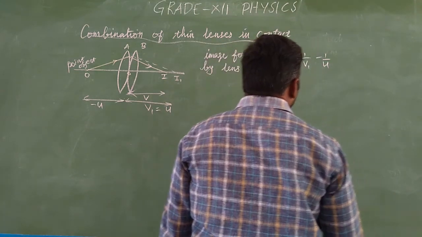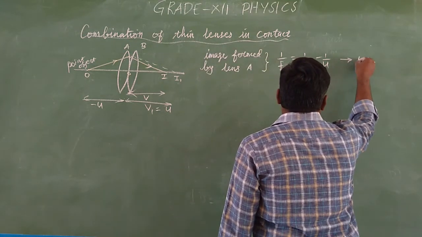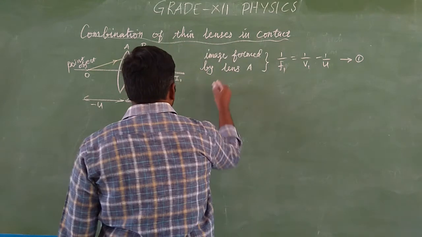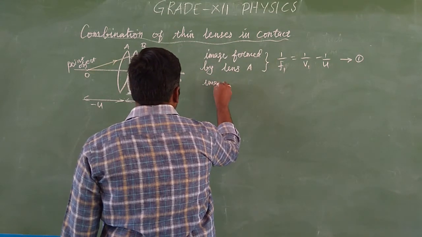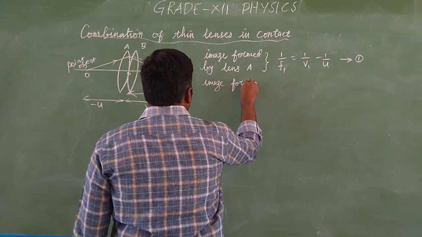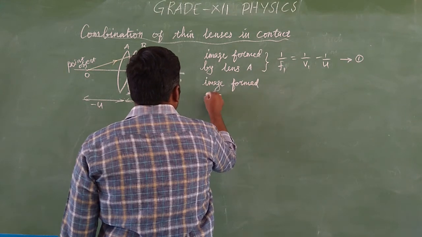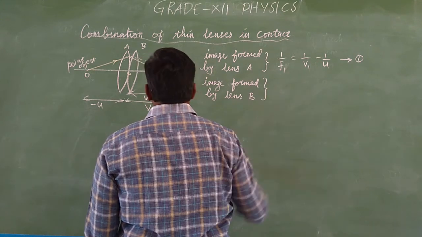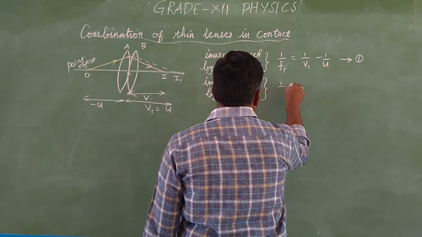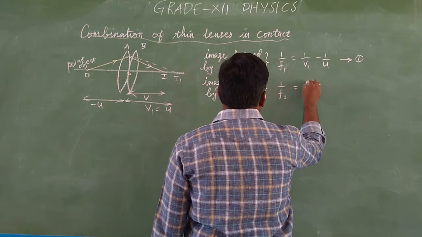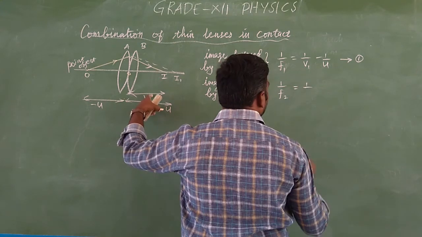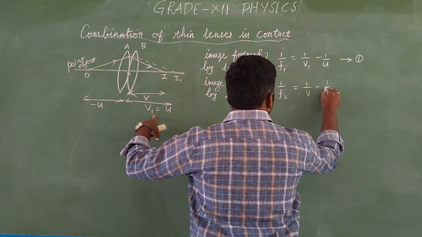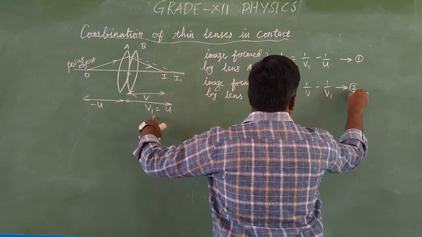This is the first equation, for the image formed by the first lens. Similarly, the image formed by lens B, the second lens. Using the lens formula, 1 by f2 is equal to 1 by v, the final image, minus 1 by u, but here u is taken as v1. This is equation number 2.